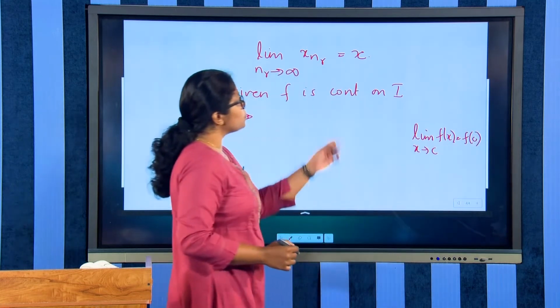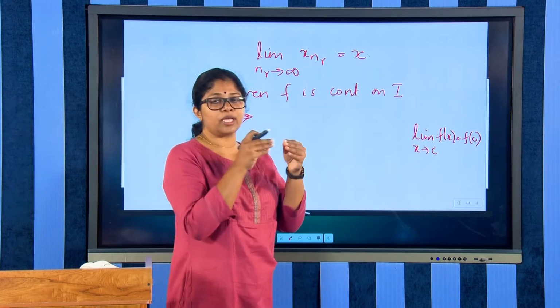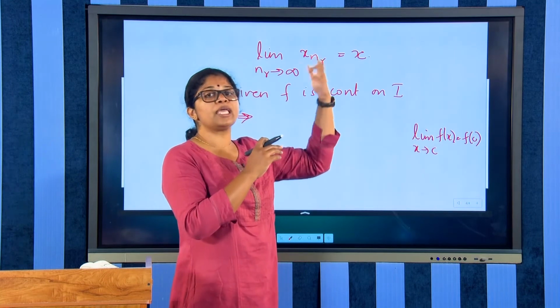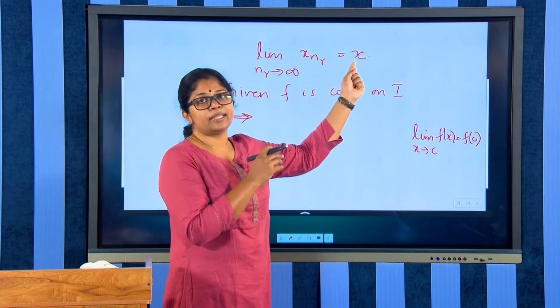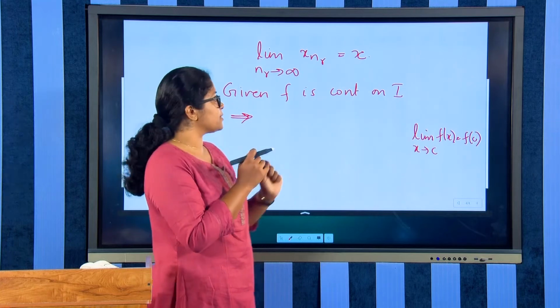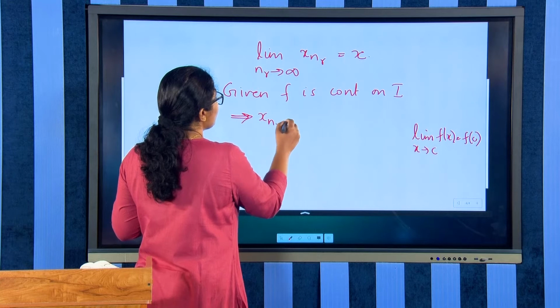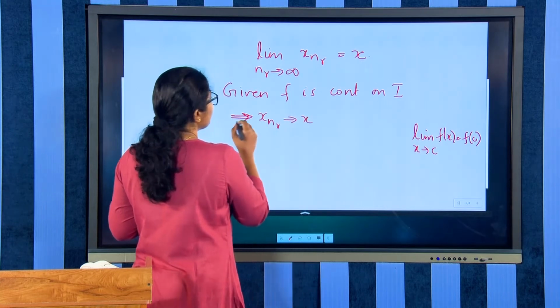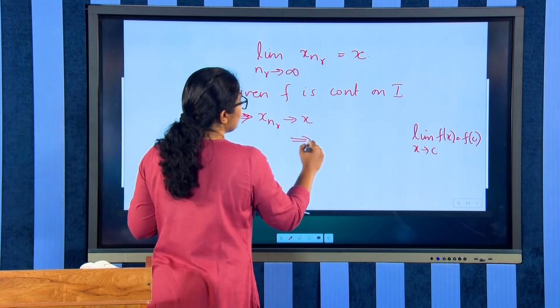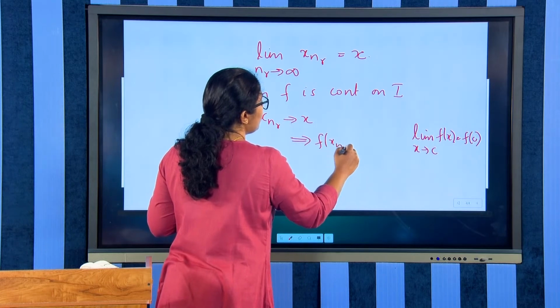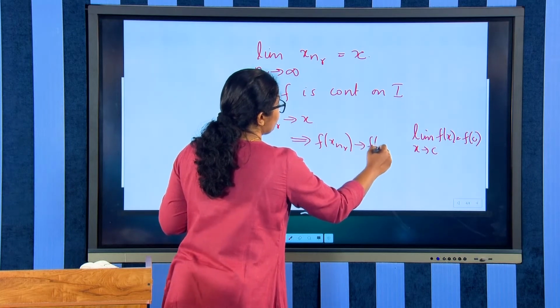Likewise, because your xnr's are going very close to x, the corresponding images will be going to the epsilon neighborhood of f of x. So, we have whenever xnr converges to x implies f of xnr converges to f of x.